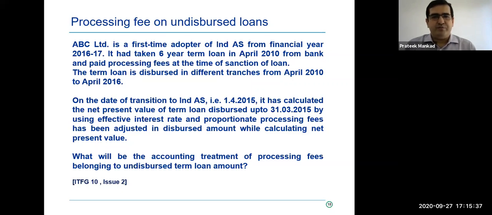Right. So there appears to be no debate as to whether to amortize or not, and that is absolutely right. We said the principles of amortization are directly attributable and incremental. This processing fee that I'm paying is both attributable and incremental. So absolutely right. No issues around not amortizing it. So we are all on the same page. This has to be amortized.